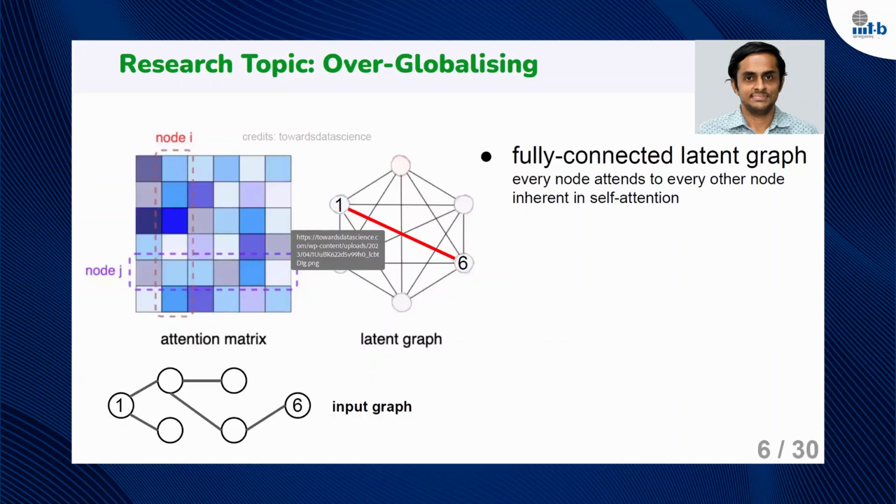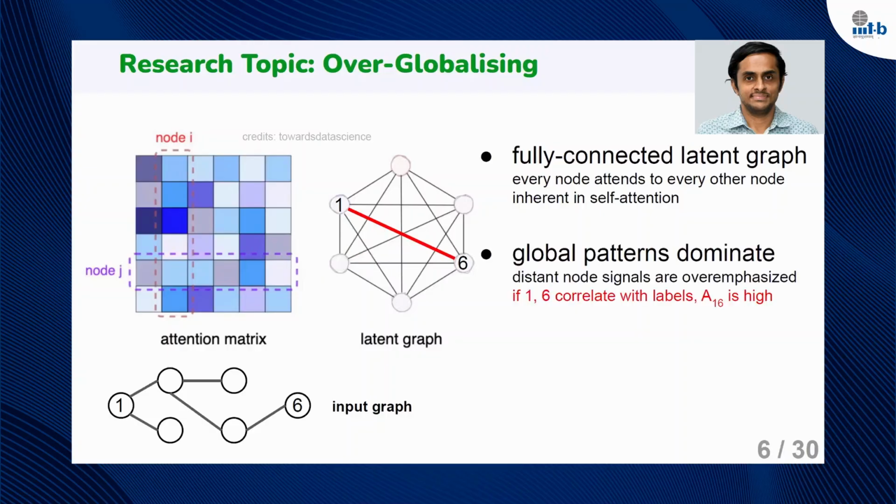Every node attends to every other node, which is inherent in self-attention. By having such relationships in the latent graph, distant node signals, like 1 and 6, which are not neighbors, get overemphasized.